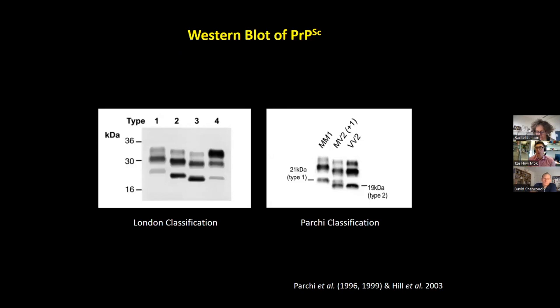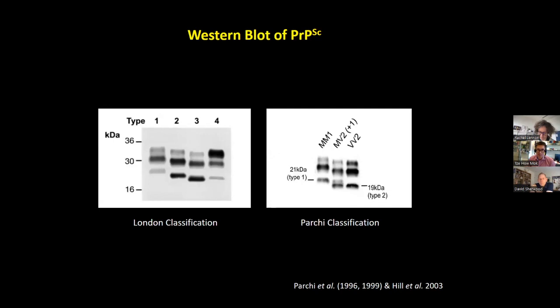Basically, when you have frozen brain tissue, usually frontal cortex, from a patient with prion disease, you homogenize it, and you can partially digest that with proteinase K, and it usually generates three distinct fragments with different motility on the gel, and the motility is dependent on whether it has 2 sugars, 1 sugar, or no sugar.